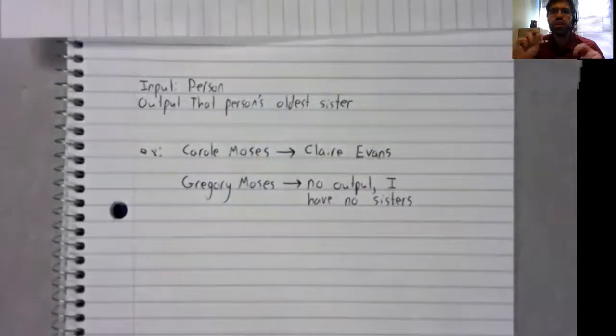So this function works when my mom is the input, but it fails to produce an output. It kind of breaks when I am the input.